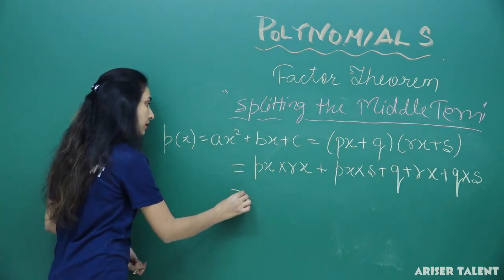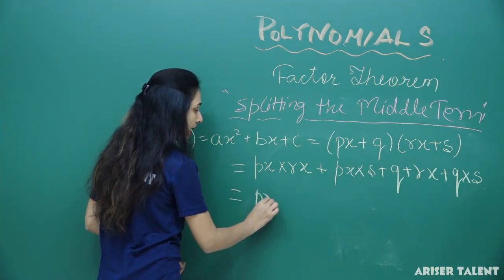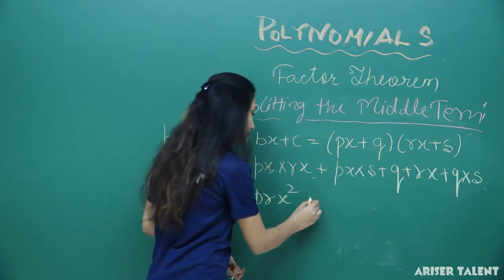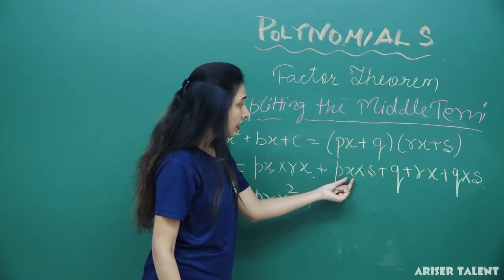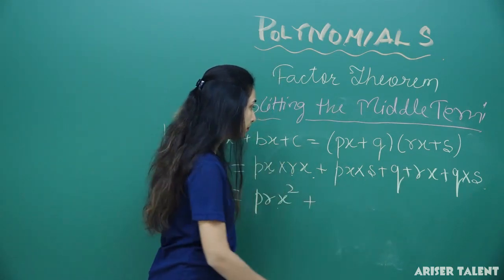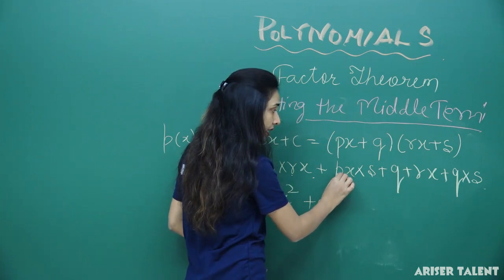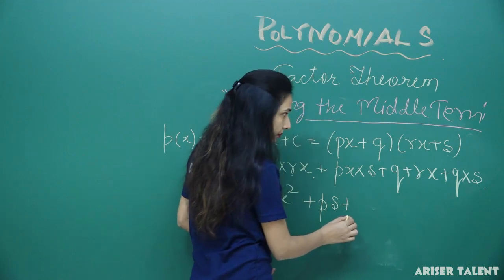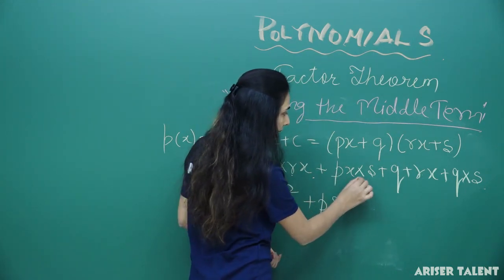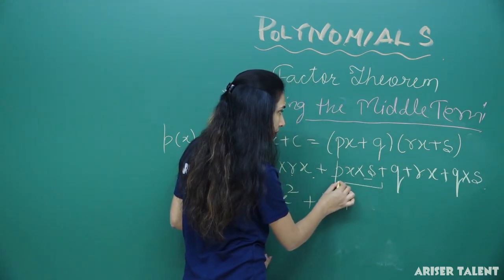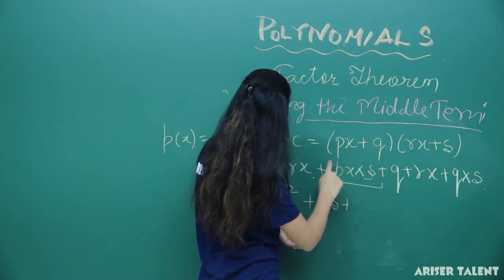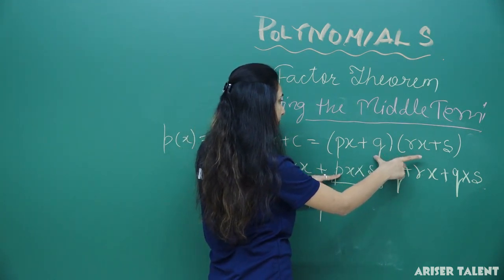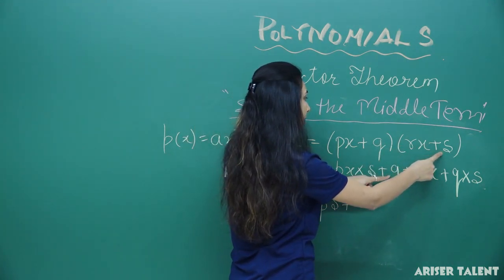right. That means that will be prx square plus, this is x, this is x, (ps plus qr) multiplied by x, plus qs. Ps is this term, this is the first term here, and the second term here, and then the third term here.